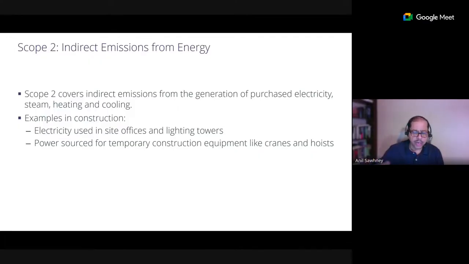The emissions related to that purchase are categorized as scope 2 indirect emissions. If you are a construction company, for example, then all the electricity used in site offices and whatever else you have on site is contributed to scope 2. So all emissions coming from temporary construction equipment are also scope 2 emissions.